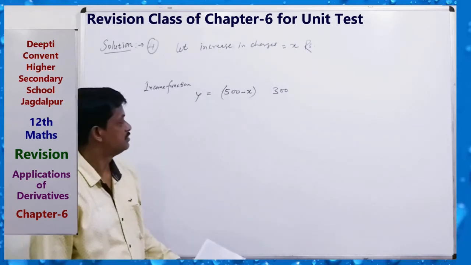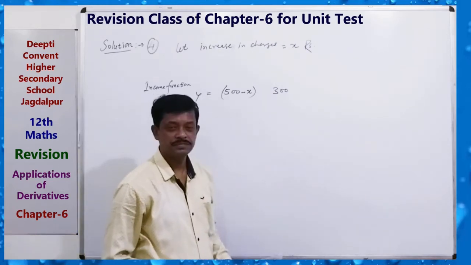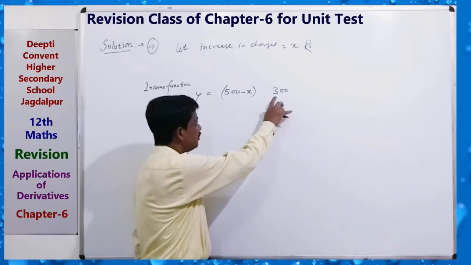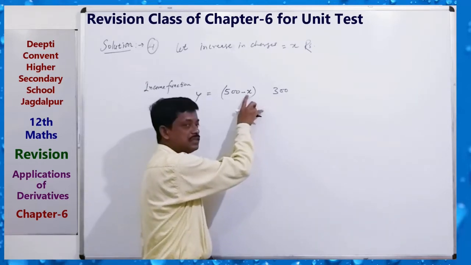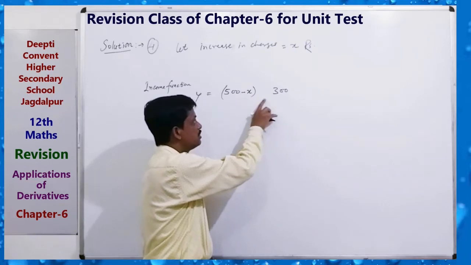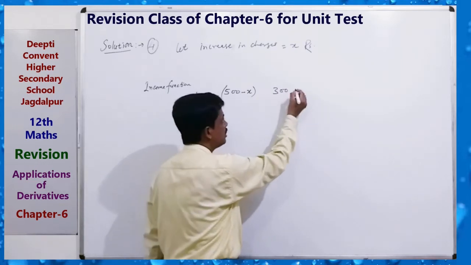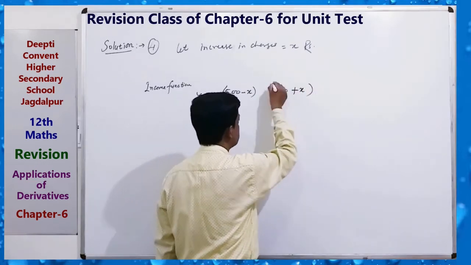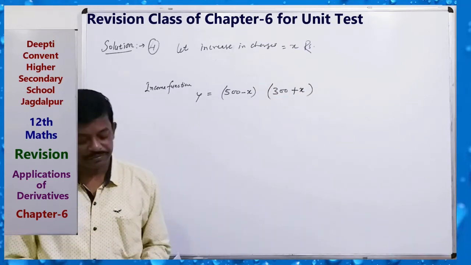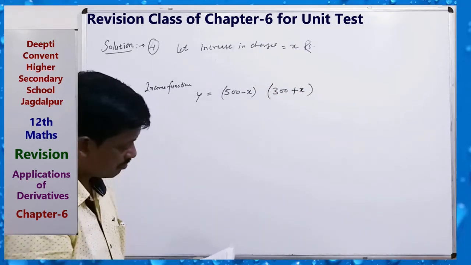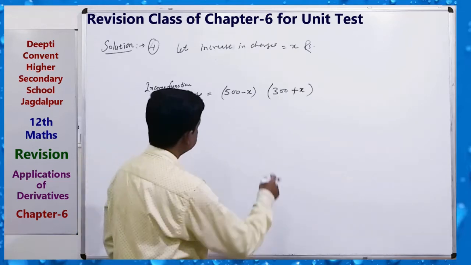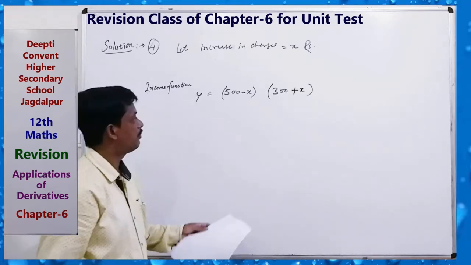And X rupees charges increase, so previous charge 300 plus X is also there. So we can find it now.